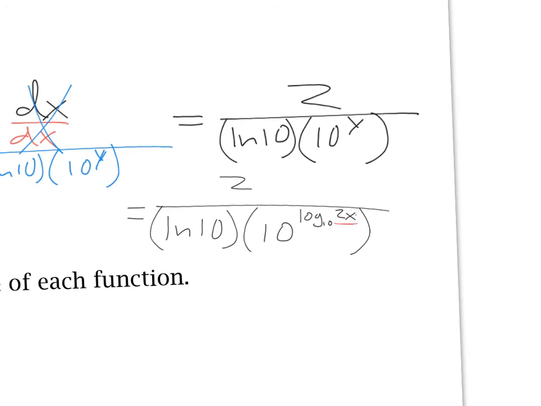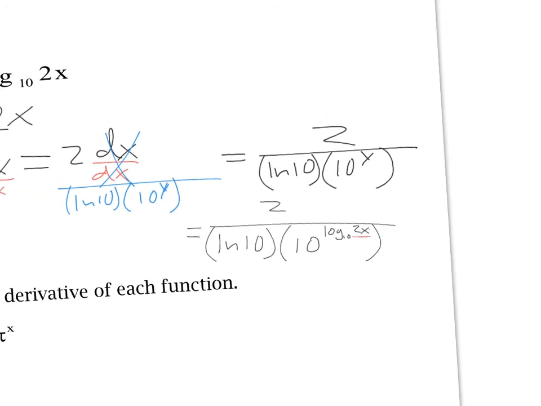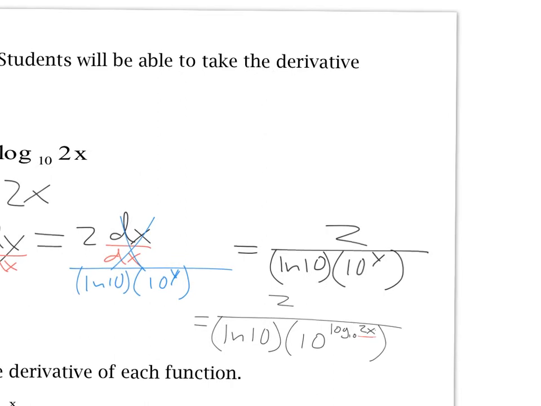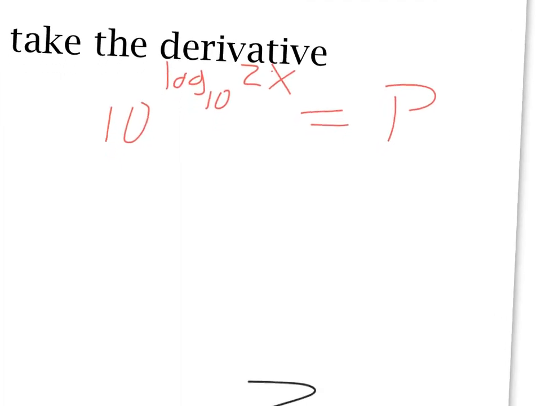But let's show you why, okay? A little bit more just kind of playing with these numbers. Let's go up here and let's say I had 10 to the power of log base 10 of 2x. And let's just set that equal to some random thing, let's say it's equal to p for now. Okay, let's play with this.